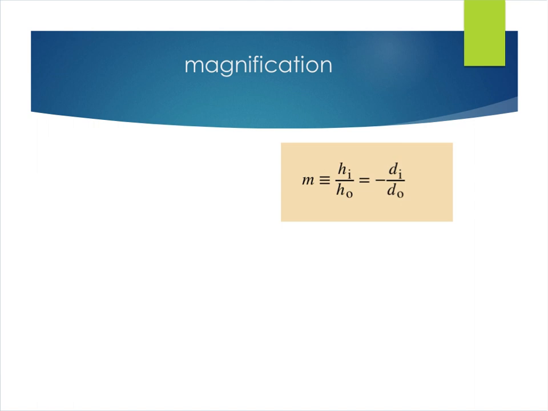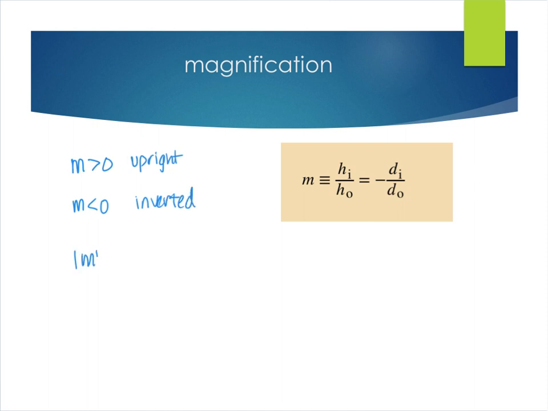The magnification rules are exactly the same as they were for a mirror. So we look at whether M is greater than 0 or M is less than 0, which tells you if the image is upright or inverted. That just means right side up or upside down.